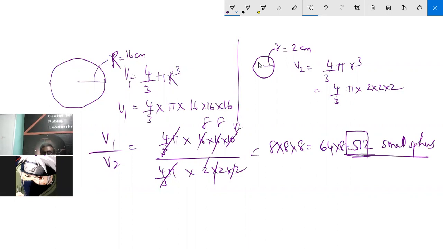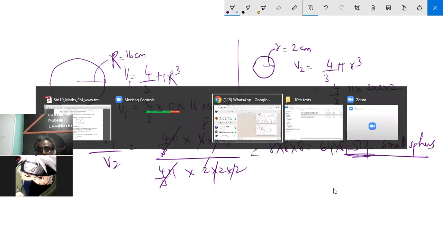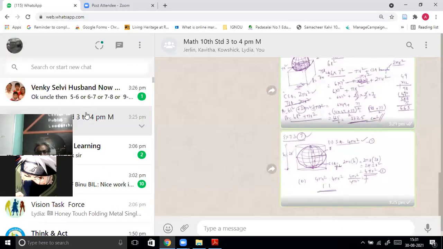Okay, so this also I'm going to copy and paste. You have it in your textbook, but we have done it in a different way. There is no one way to do it; you can do it in many different ways.